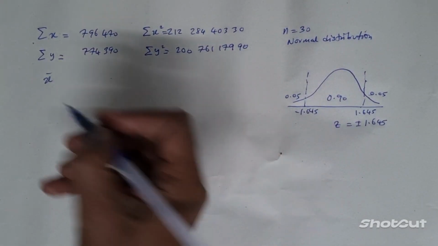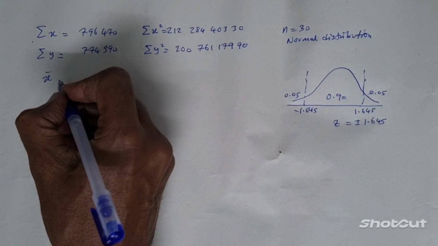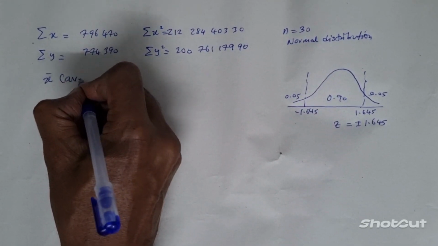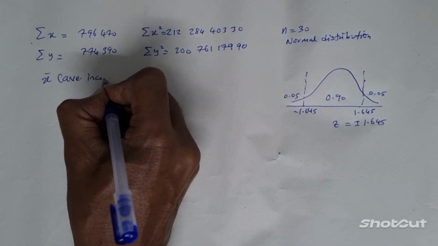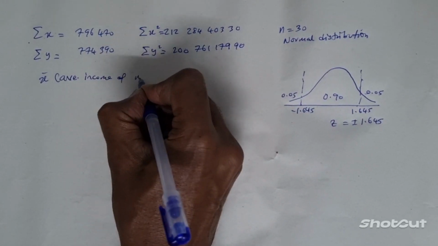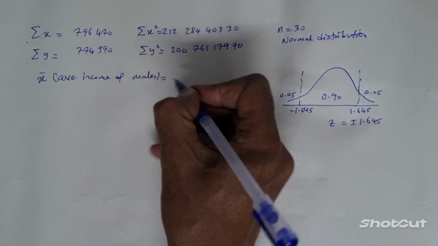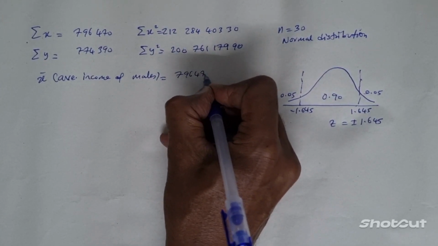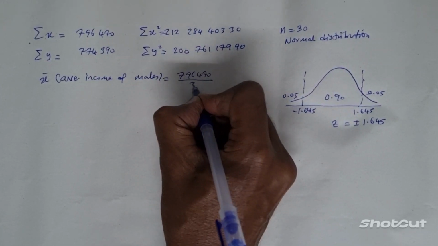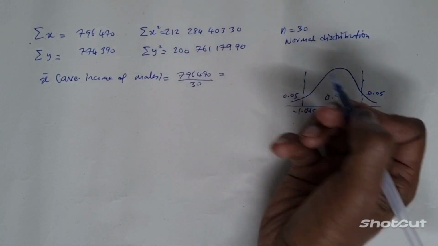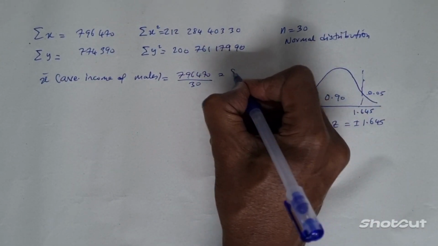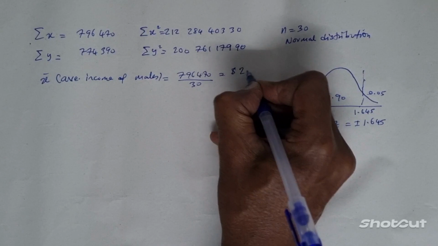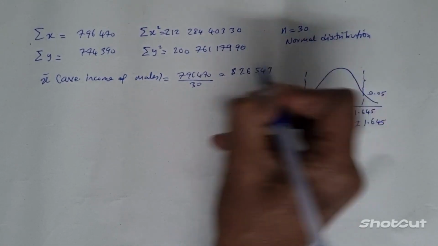And basically, now we want to find the mean of X. The mean of X means the average income of males. That is very simple. 796,470 divided by 30. Do this on the calculator, you're bound to get 26,549.